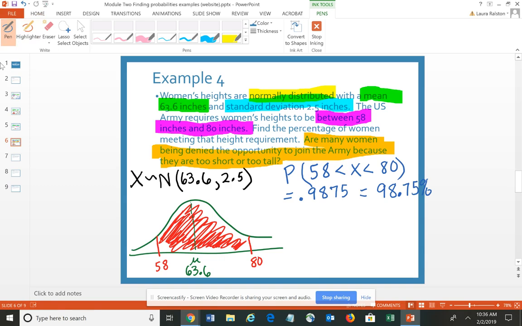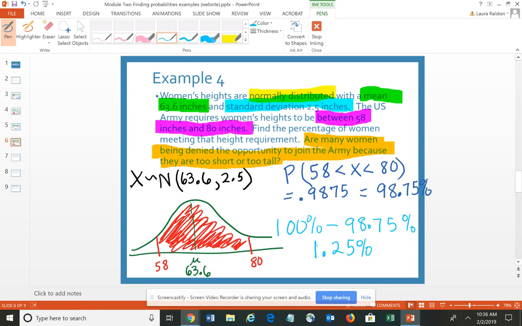percentage is 100. We know we have a total of 100%. So 100% minus the 98.75% that are eligible leaves us with 1.25%.